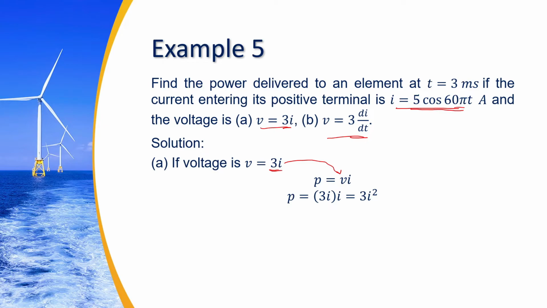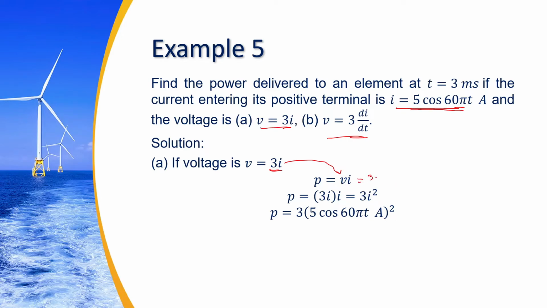Tama? So, 3i multiplied by I is equal to 3i squared. Okay, naka-squared na yung current natin.